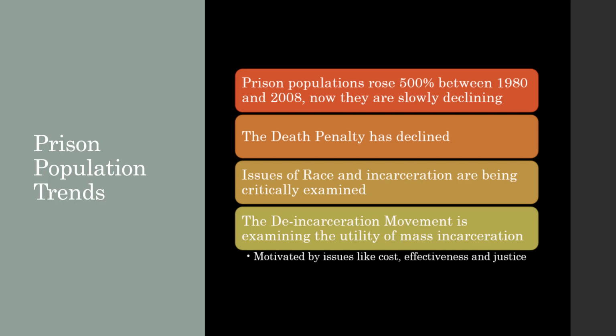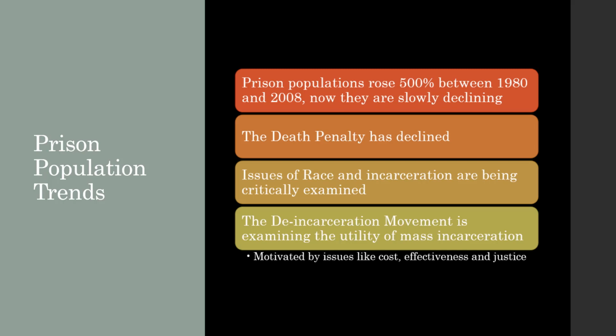Another interesting thing, the death penalty. Throughout the 20th century, if we start from 1900 and go to the year 2000, we start at relatively high rates of capital punishment execution, and it falls steadily. And as we go into the 21st century, from 2001 to today, it's fallen even faster.